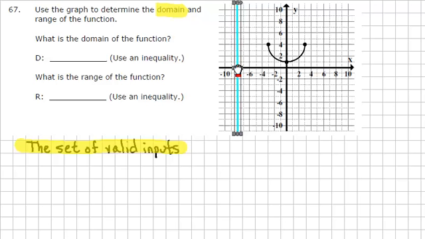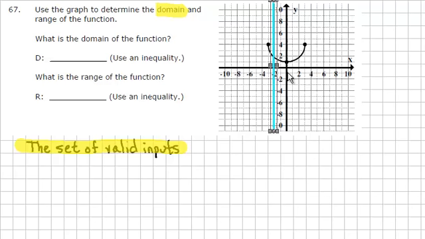In order to find our first valid input, we need to slide the vertical line until it first intersects the graph of the function. And notice that the vertical line first intersects the function when x is equal to -3. So -3 is the first valid input.